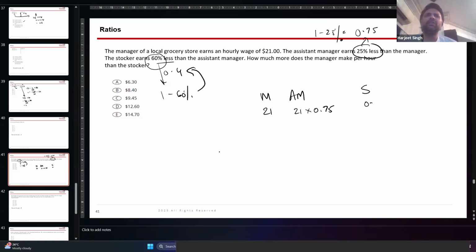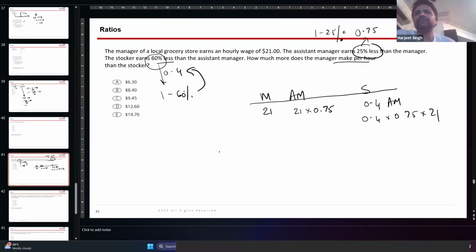So stocker is 60% less, so means 0.4 of AM, which means 0.4 into 0.75 into 21. So that's S. So we have now the splits between M, AM and S. So how much more does the manager make per hour than the stocker? Which means what is M minus S? This is simple.